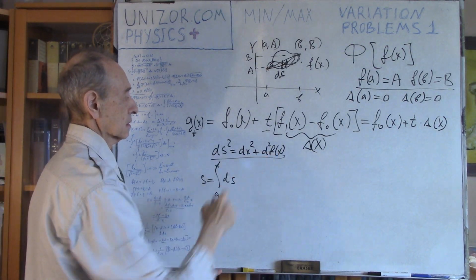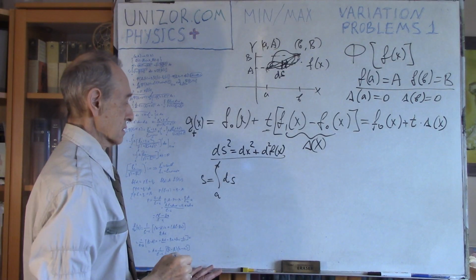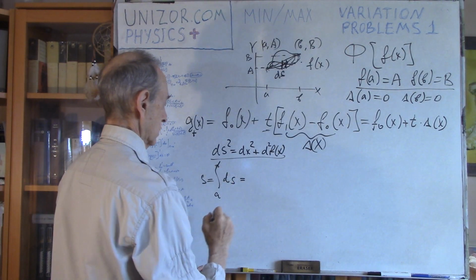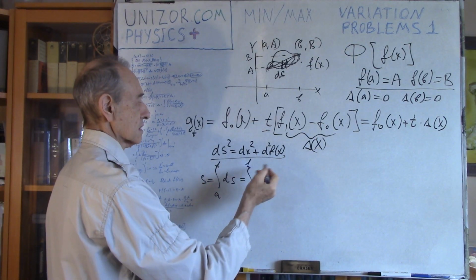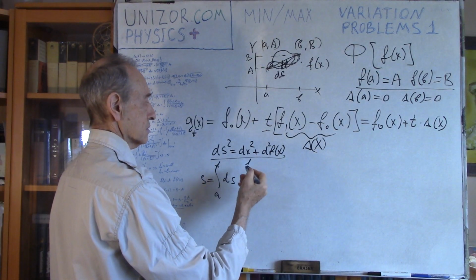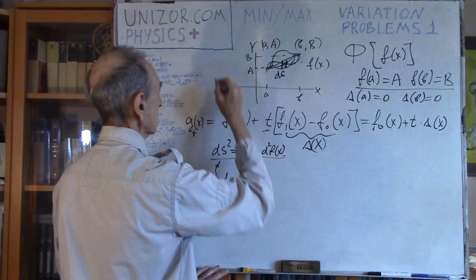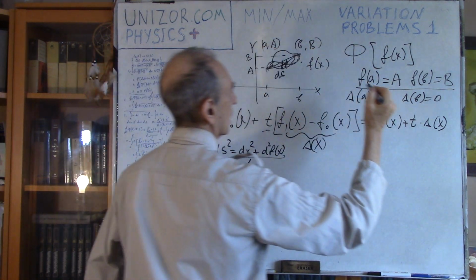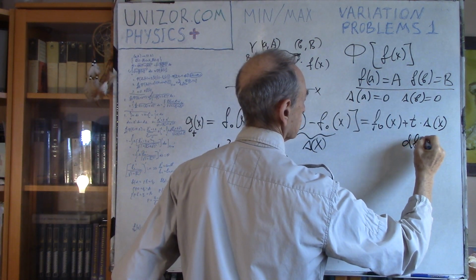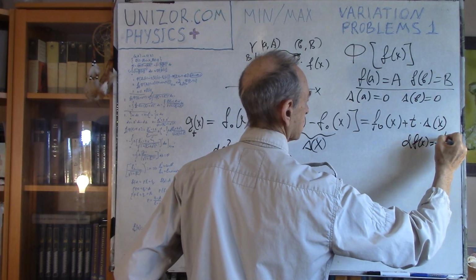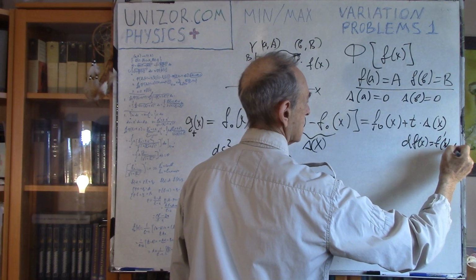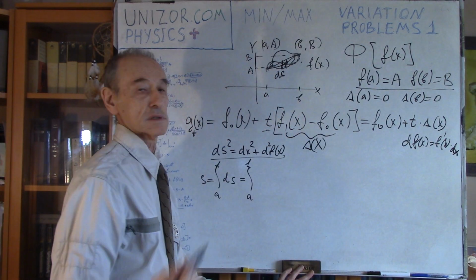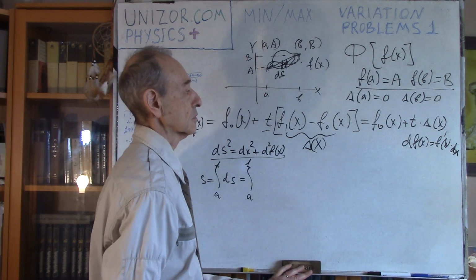Each one is calculated based on this, which is the integral from a to b. Let's put everything based on dx. Now, what is df of x? This is the derivative of f with respect to x times dx. This is again something which we know from calculus.